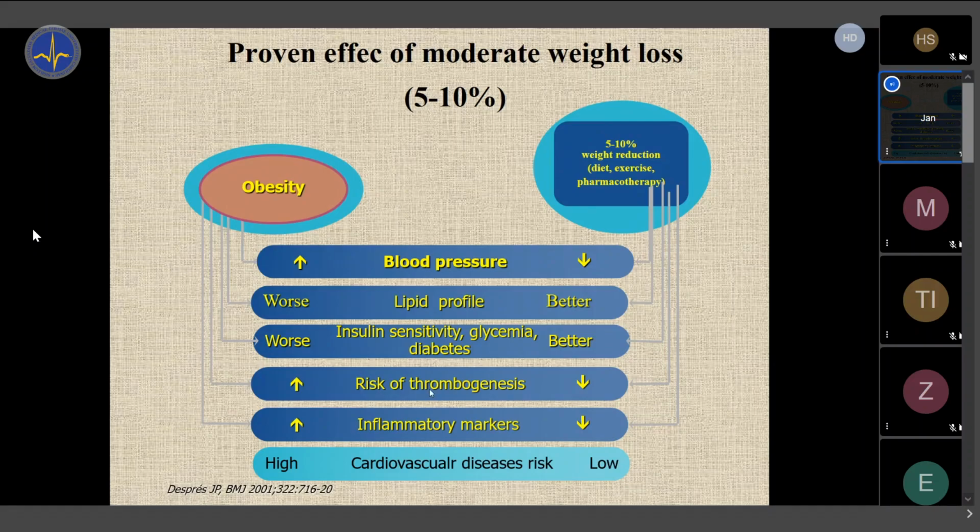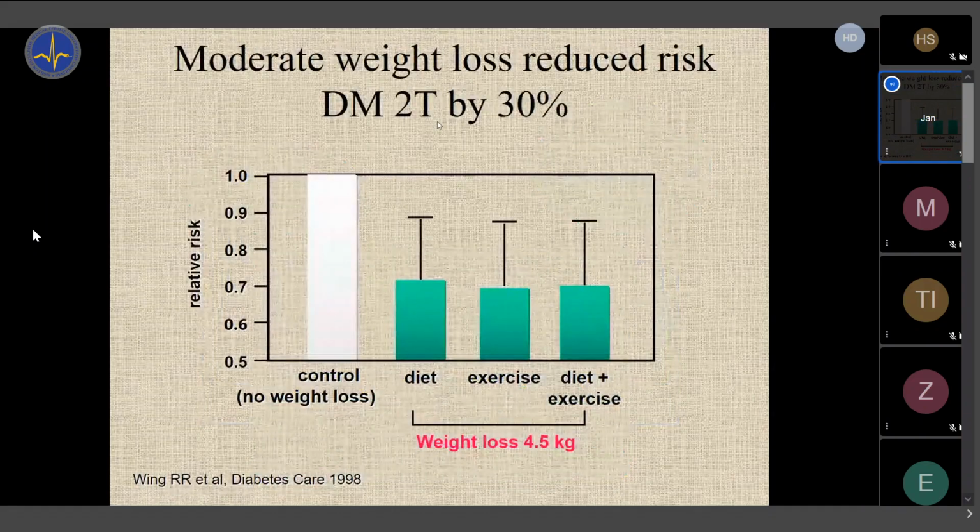even after such a moderate or minor weight loss, and all the other inflammatory markers, the level of blood clotting mechanisms, the risk of blood clotting is decreased. So overall, the cardiovascular risk is decreased even after such a low weight loss. And I have another slide looking how moderate weight loss, 4.5 kilograms only in these obese individuals across a couple of weeks, led to 30% reduction in type 2 diabetes presence or prevalence.